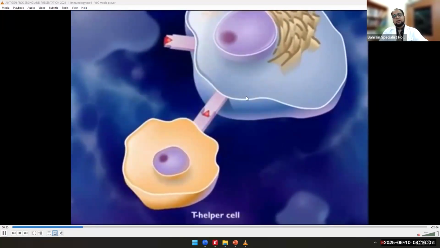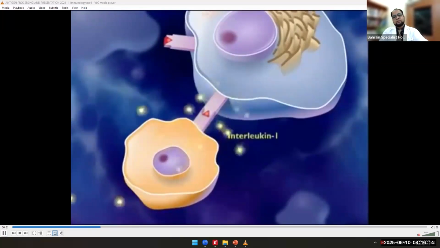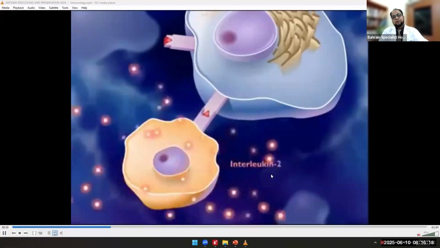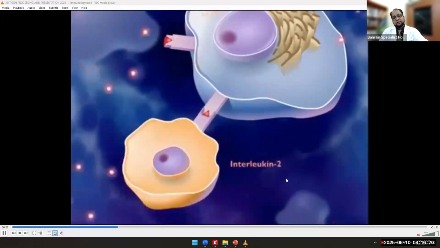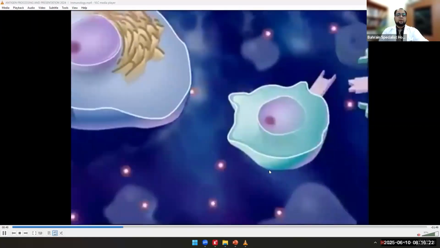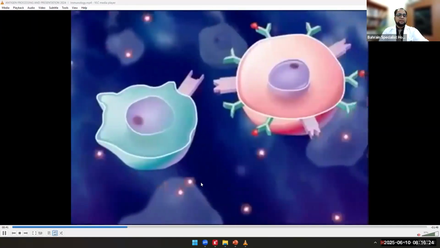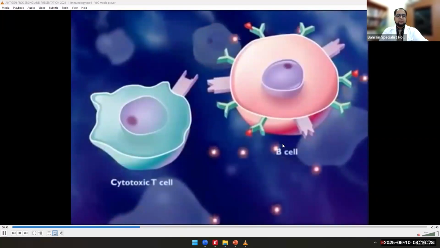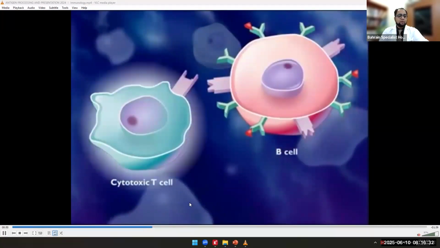The T helper cell, by the release of interleukin 1 from the macrophage, gets activated. And then in reverse, it releases interleukin 2 that will bring the army of B cells and T cells. The cytotoxic T cells will proliferate, and the B cells will also proliferate to release the immunoglobulins.